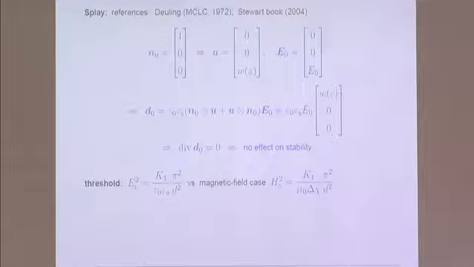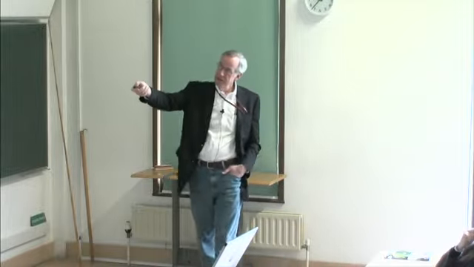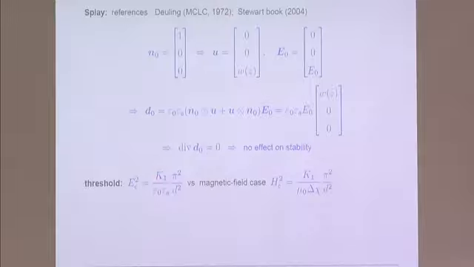So that means that if you do the analysis carefully and properly, you just end up with a critical value if you express it in terms of the electric field instead of the voltage. It ends up looking like this. In terms of your material quantities, K1 is the splay elastic constant. If I had a full Frank model, it would just be K if I had the equal constant model.